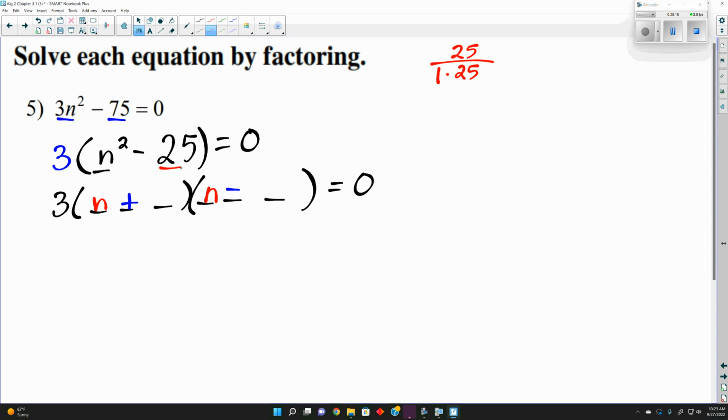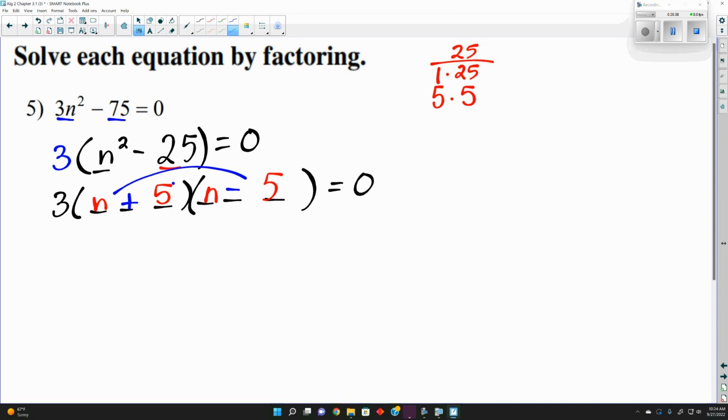The middle term is 0. So the first term is n squared, so we have n and n. 25, we have 1 and 25, or 5 and 5. Which set of factors do we want to try first? 5 and 5? We can try it and see what happens.